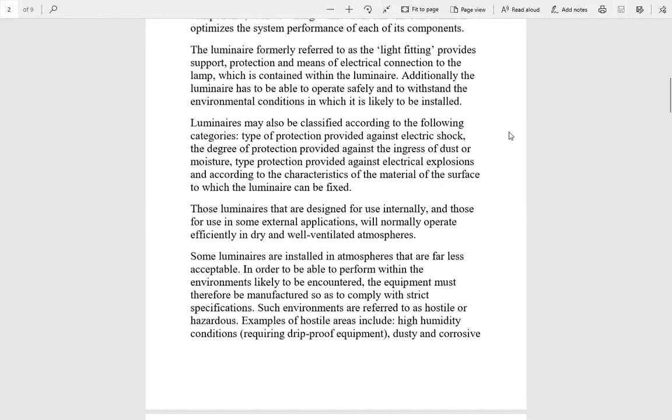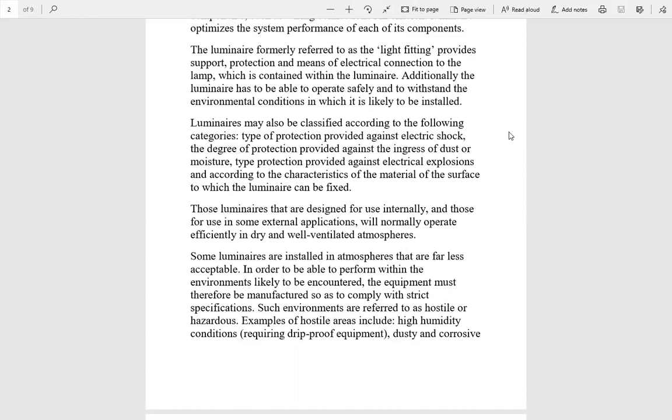Now, the luminaire, formerly referred to as the light fitting, provides support, protection and means of electrical connection to the lamp, which is contained within the luminaire. Additionally, the luminaire has to be able to operate safely and to withstand the environmental conditions in which it is likely to be installed.